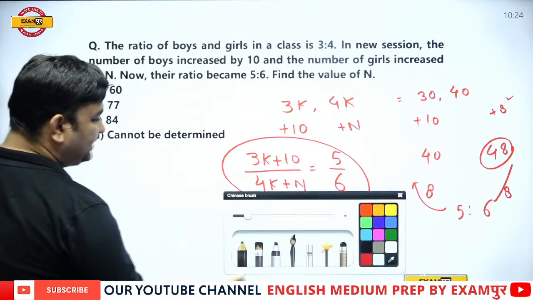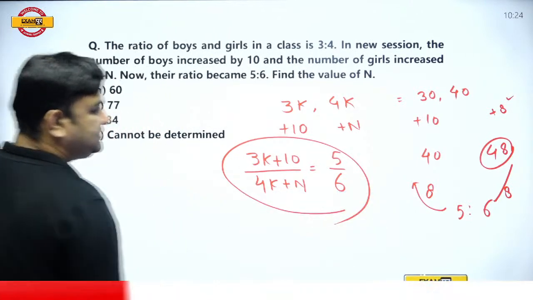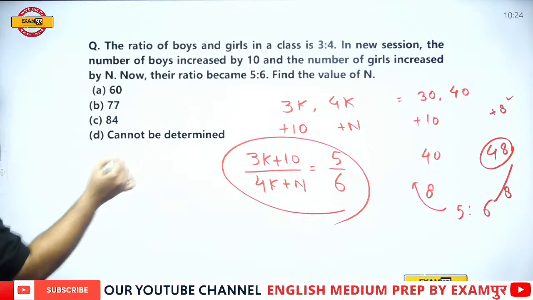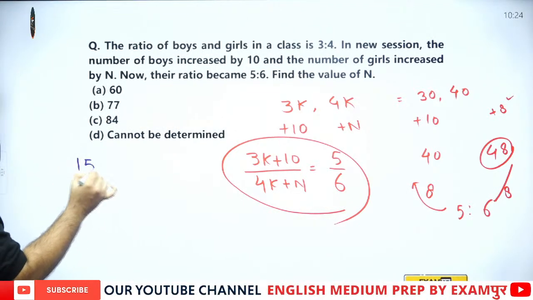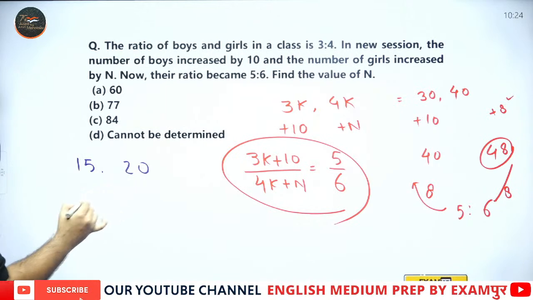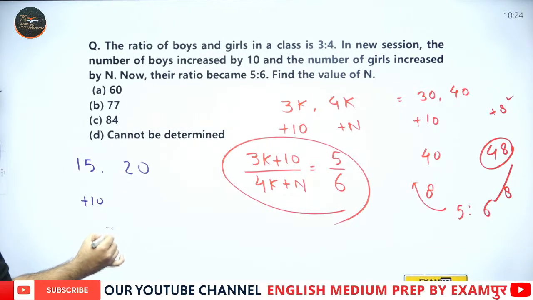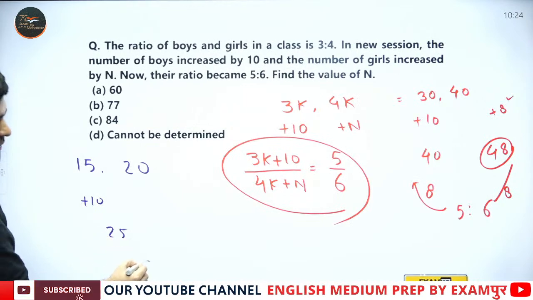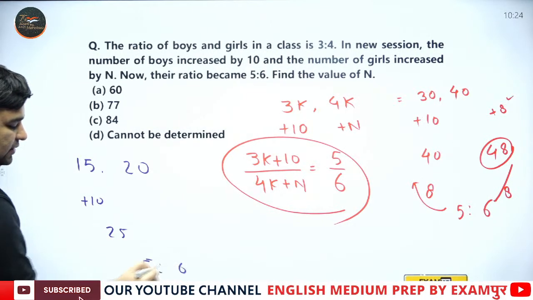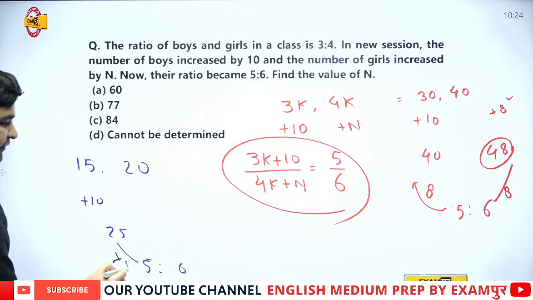Let's take one more case. You take k is equal to 5. So 15 and 20. By adding 10, it has become 25. Now they should be maintaining 5:6, so 5 times 5 is 25, 6 times 5 is 30.